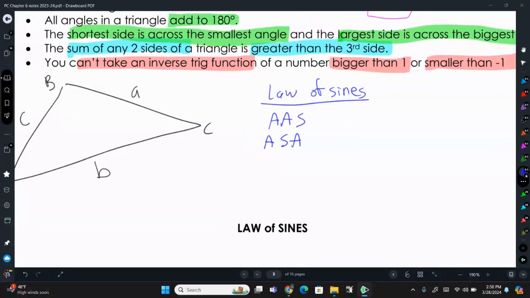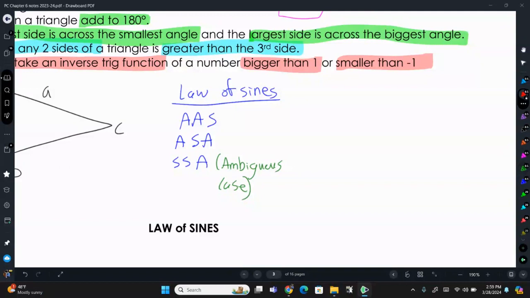And if we have those situations where we're given two angles and a side, we're going to use the law of sines. Now, if we have two sides and the non-included angle, which is not the angle in between the two sides, there could still be a triangle, but we call that the ambiguous case, because there could be a situation where there's two triangles when we have that situation.